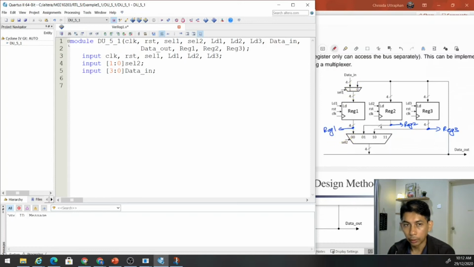Data in, no, right? Now the output is 4-bit.